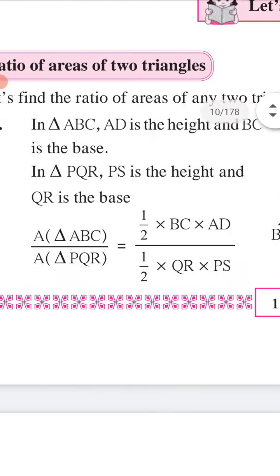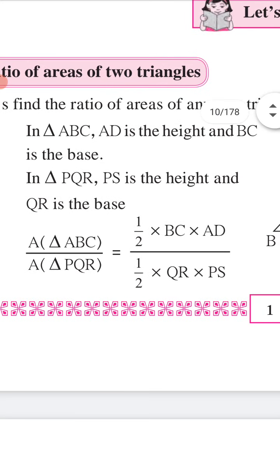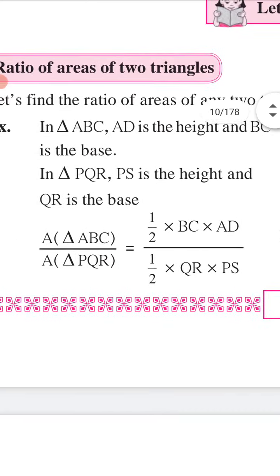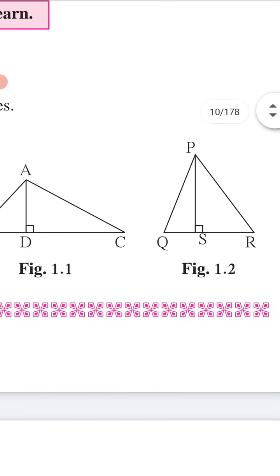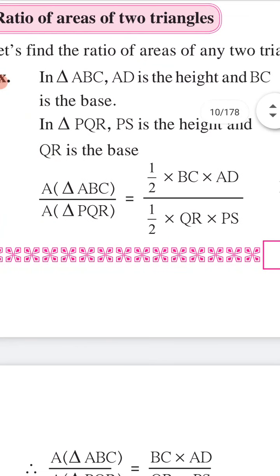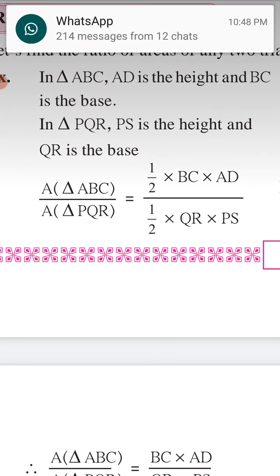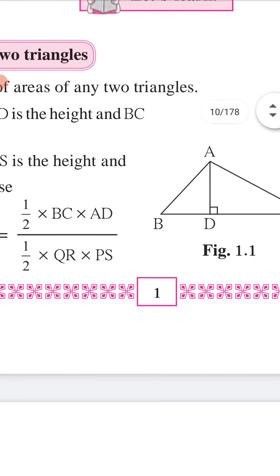Now we have to take the ratio. So see here, students, in triangle ABC, AD is the height and BC is the base, and in triangle PQR, QR is the base and PS is the height. So we are taking the ratio: area of triangle ABC upon area of triangle PQR equals half BC into AD upon half QR into PS.